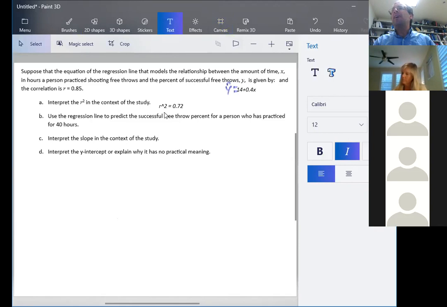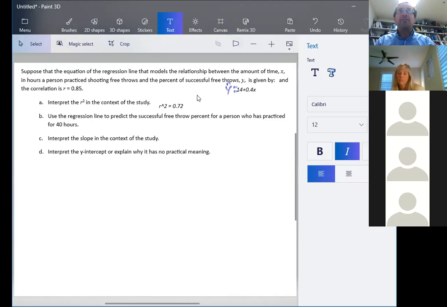But what we can say is that if you look at free throw percent and just look at general people, there's a pretty big variation from one person to another. For example, my free throw percent would be really low because I'm bad at basketball, whereas maybe Claudia's free throw percent might be 98%. There's going to be a big variation from one person to another.